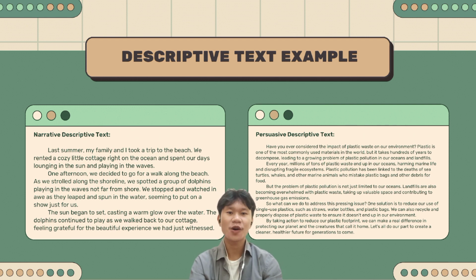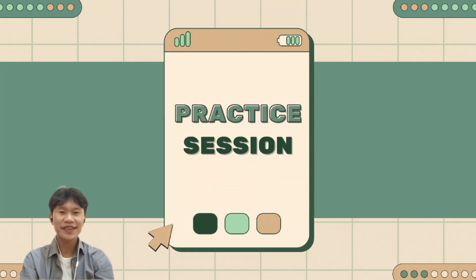Overall, this text combines descriptive language with persuasive arguments to inform readers about the problem of plastic pollution and encourage them to take action to address it. So guys, we move to practice session.